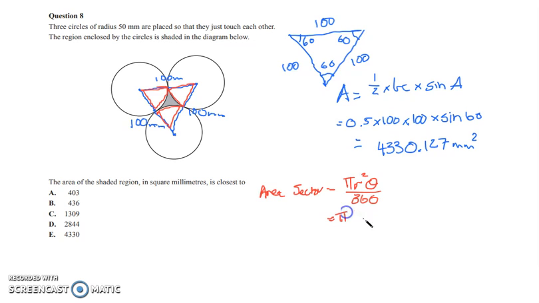So let's put that in: pi times 50 millimeters squared times our angle of 60 from our equilateral triangle over 360. This answer turns out to be 1,008.996939 millimeters squared, keeping all our decimal places along the line.